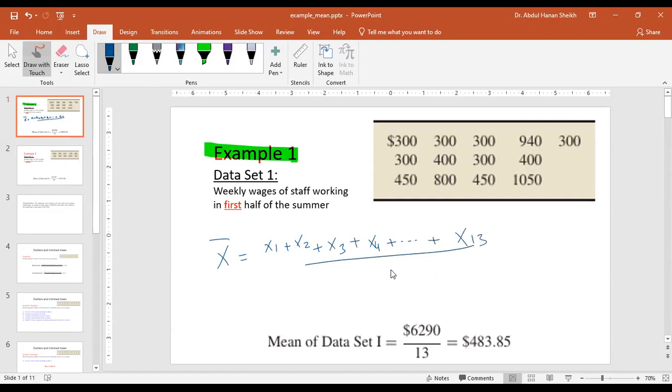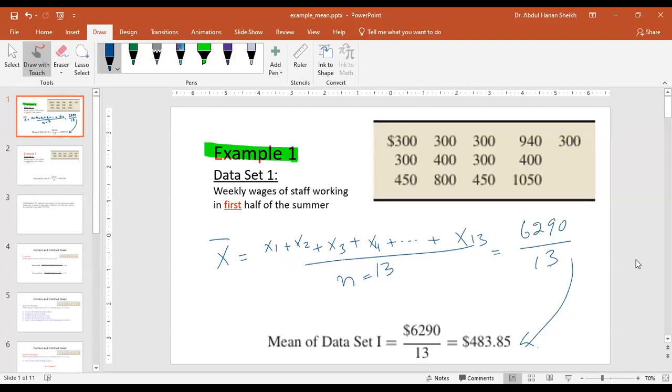We know that there are a total of 13 values, divided by n. The sample size is 13. If you sum all of these values and divide by 13, it is equal to 6290 divided by 13, and that gives you this value, 483.85. So this is the mean of this data, the normal mean of this data.